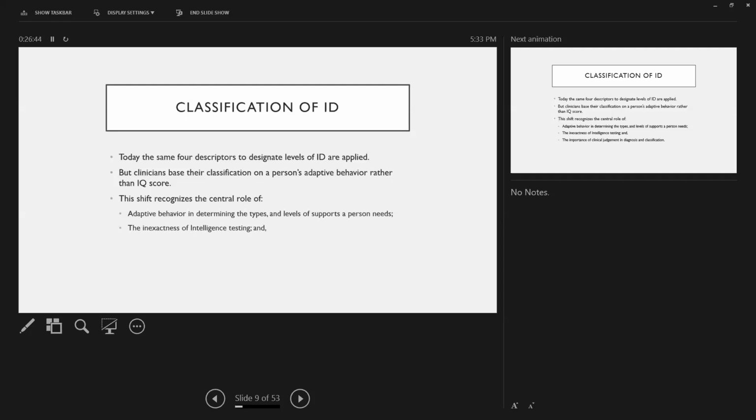We know of the inexactness of intelligence testing. Becca, you were mentioning, you didn't mention this specifically, but taking an IQ test is a one-shot thing. There are many factors that could contribute to why you performed poorly on that IQ test. Maybe you were tired.